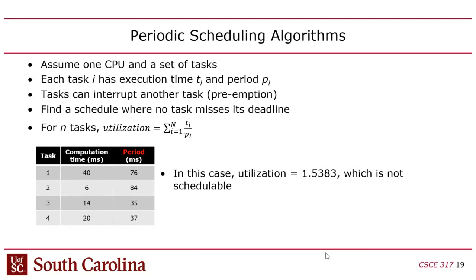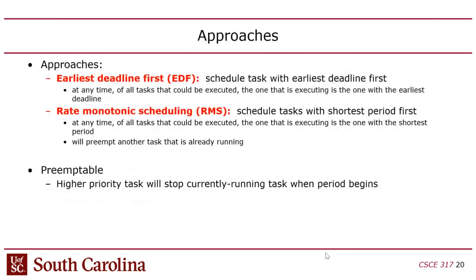Okay, periodic scheduling algorithms require you to give them a set of tasks, each of which has an execution time and a period. The utilization is where you add up the ratios of execution time and period for all the tasks. Obviously, anything over 100%, or rather 100% times the number of processors, is impossible.